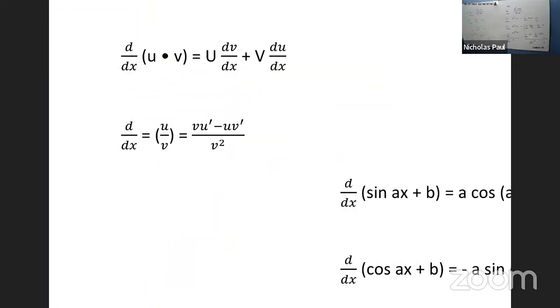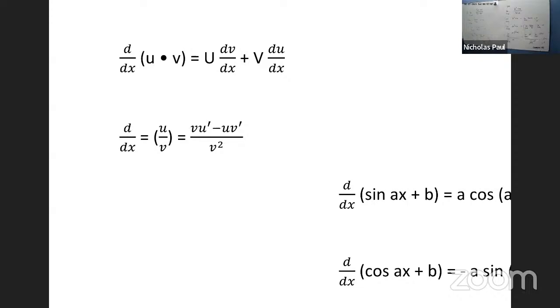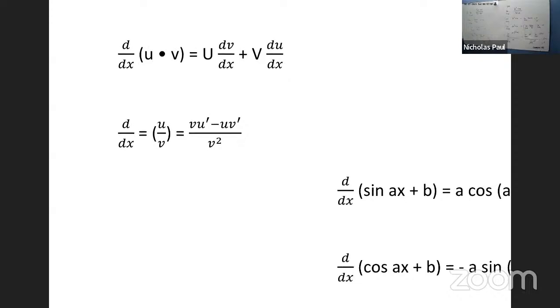Then you have your product rule. If you have a product, you use this. If you have a quotient, you use the rule underneath.